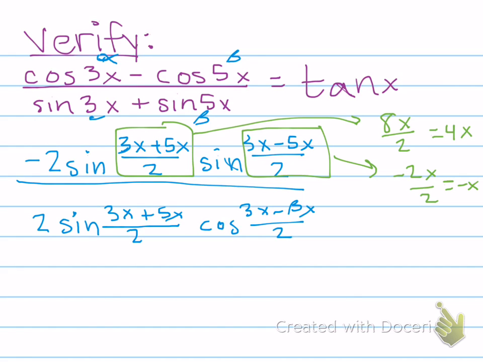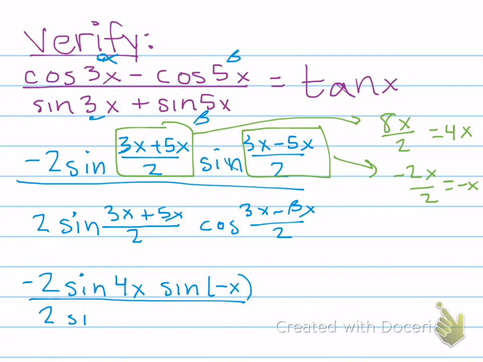So to go back and fill this into the formula, I'm now at -2 sine of 4x sine of -x all over 2 sine of 4x over cosine of -x.